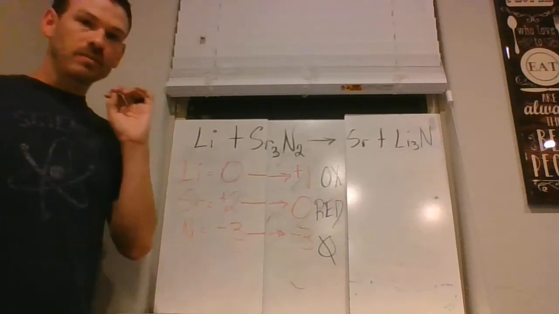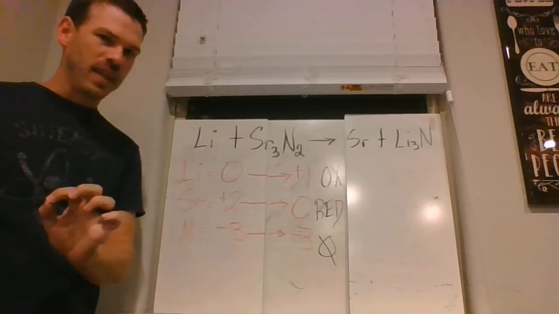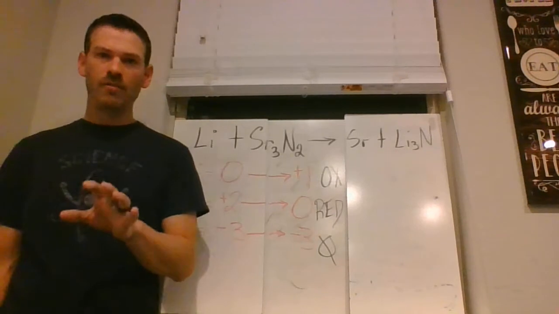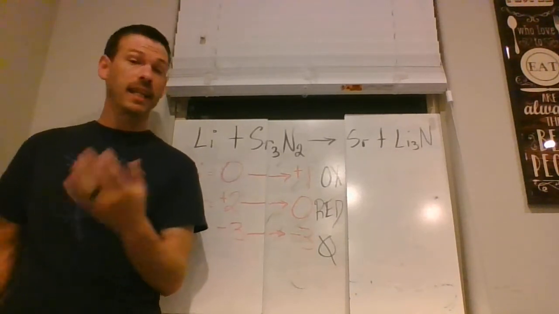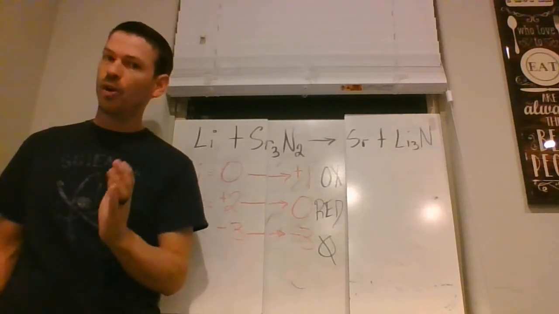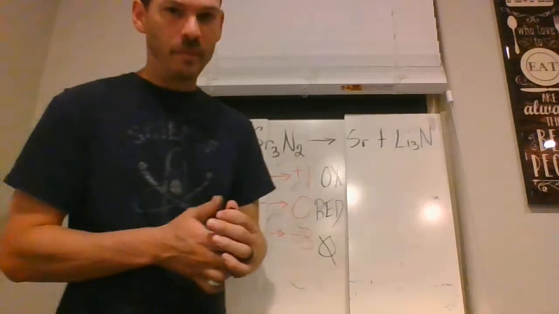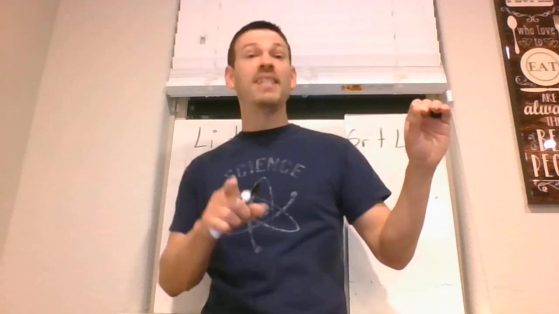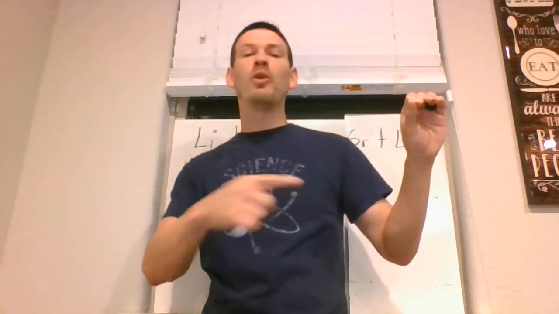Now, a slightly more annoying thing to end on is that there's a secondary vocab that they can ask for. And again, this is a pre-AP skill. I know you've heard this before. So here's the deal. Whichever species was oxidized is the reason that the other one was reduced, because he gained the electrons from the other one.